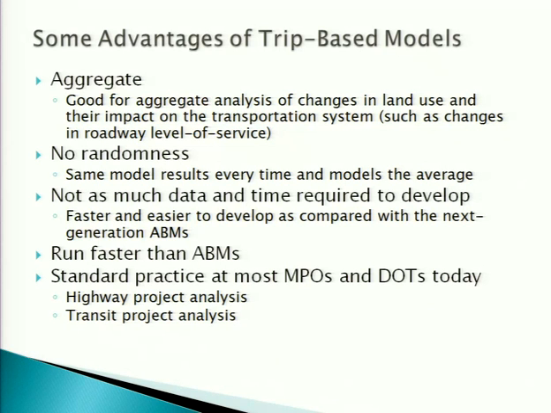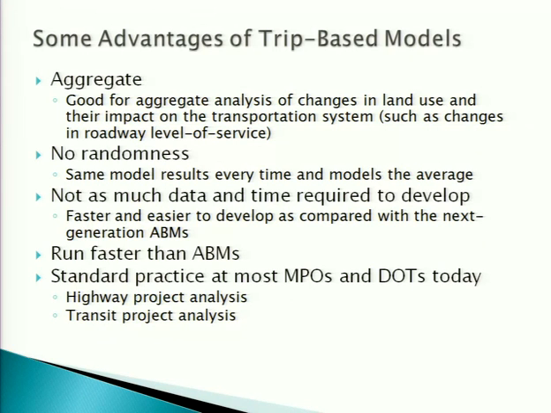So it's good for generally looking at highway build projects and things like that, where we maybe don't care as much about who the travelers are, but it gets difficult when we want to look at the individual characteristics of those travelers, and also look at more complicated policies than just building projects, for example.